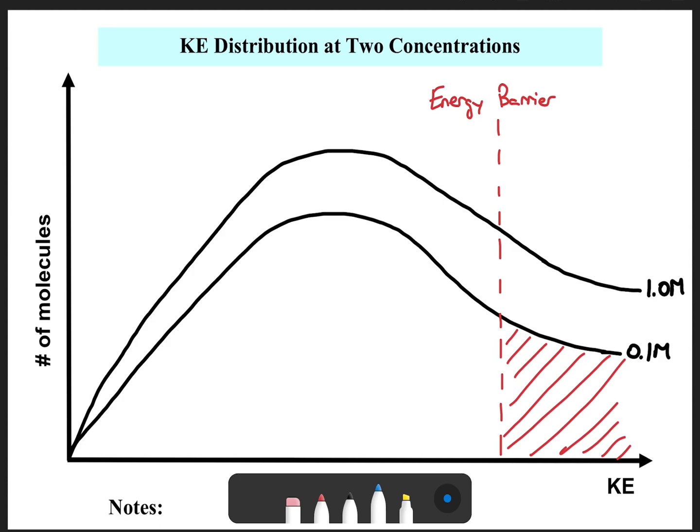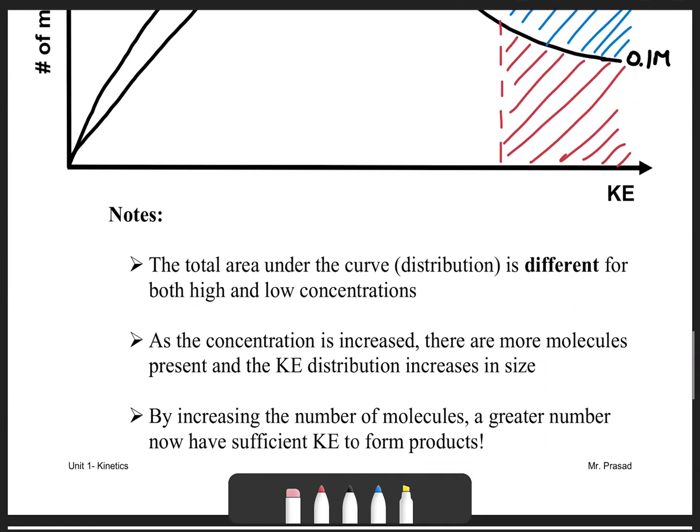So let's say this is representative of 1 molar, where the concentration has gone up, and we have more molecules to the right of the energy barrier that have sufficient kinetic energy that can form products. So the curve increases as we are adding more molecules by increasing the concentration.